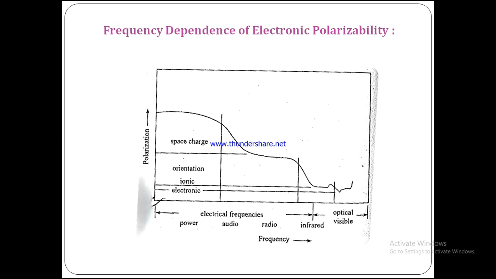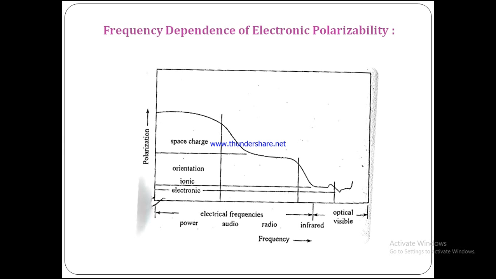Means at particular frequencies, that should be nothing but the power frequencies, the polarization has a higher value. Also note that in the region of resonant frequency, the real part has a positive maximum and a negative maximum.